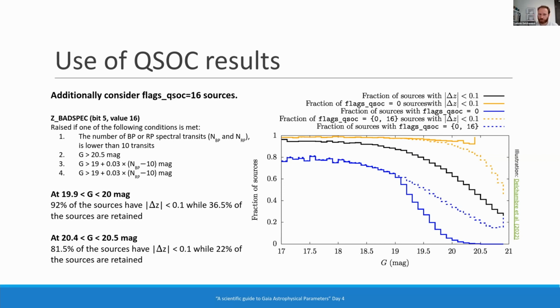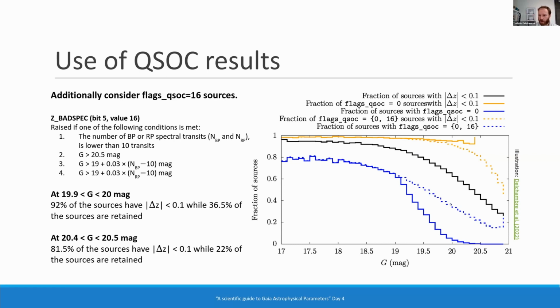And if we are looking now at the predictions, if we consider the flag equal to 0 or 16, we have that 92% of the sources in the magnitude range 19.9 to 20 do have good errors on the redshift.